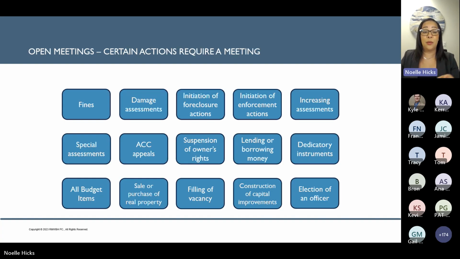There are certain actions that absolutely require an open board meeting, and these are those 15 things. Election of an officer, filling of a vacancy on the board, ACC appeals after an approval or denial, increasing of assessments. You could see this little graphic, and I'm sure you've seen this graphic before because we use it quite often, but it just kind of impresses on our minds what those items are that absolutely have to be discussed during an open board meeting.